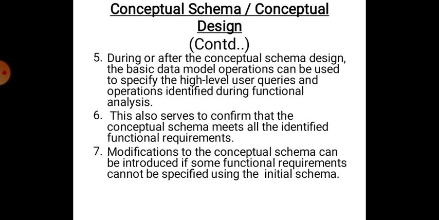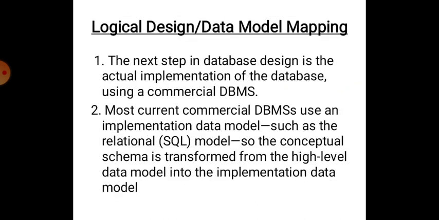Next, point number 7. Modifications to the conceptual schema can be introduced if some functional requirements cannot be specified using the initial schema. Students, at this level, you can introduce certain modifications which you may not have done while defining the schema in the initial stage.